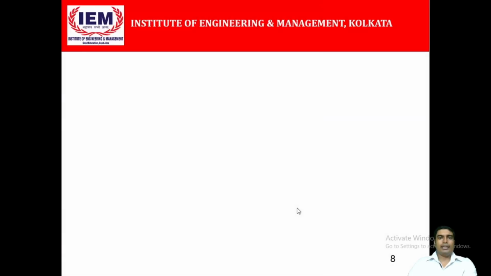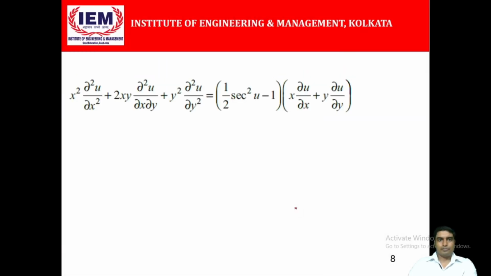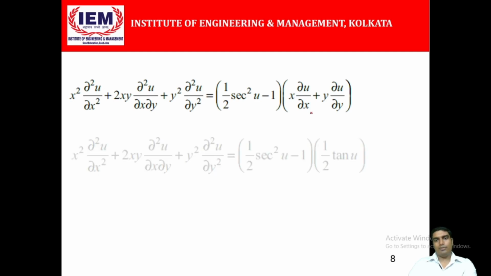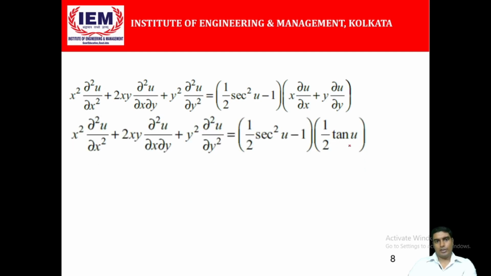Then I'll get this equation, and here I'll get this common on both sides, and by using the number 1 result I can put half of tan u here.